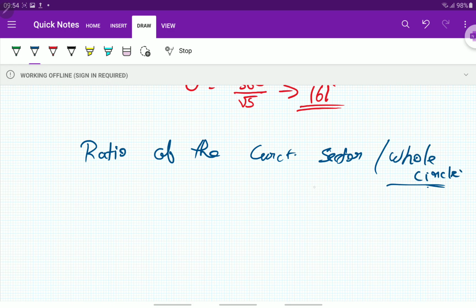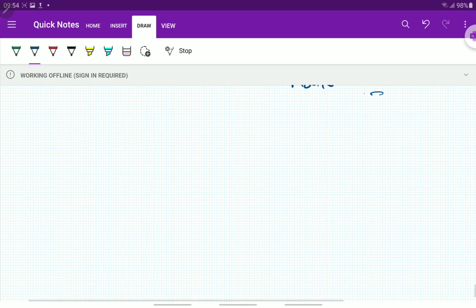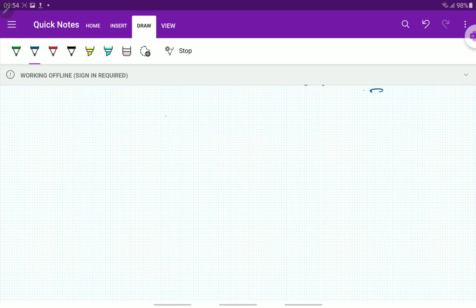Then we can equate it to the ratio of the angle theta over 360. Okay. So let's get into it.